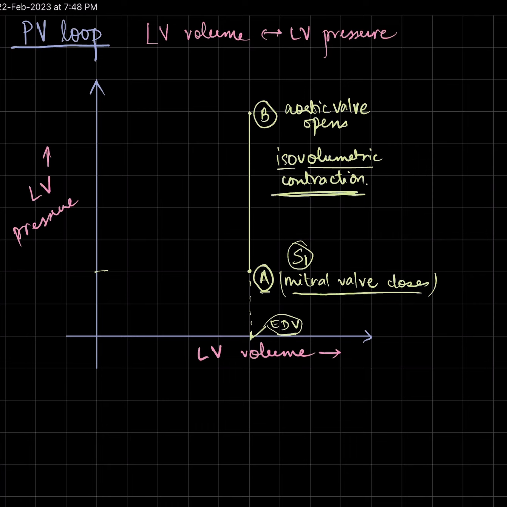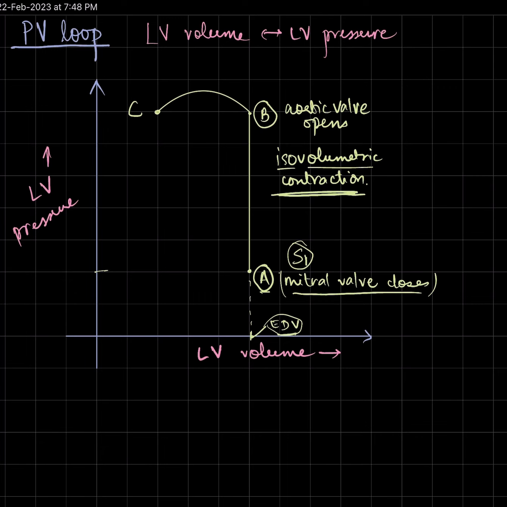So the blood is going out, and then we have reached another point, which I'm going to label as C. From B to C, the volume is decreasing, while the pressure is more or less the same, left ventricular pressure.